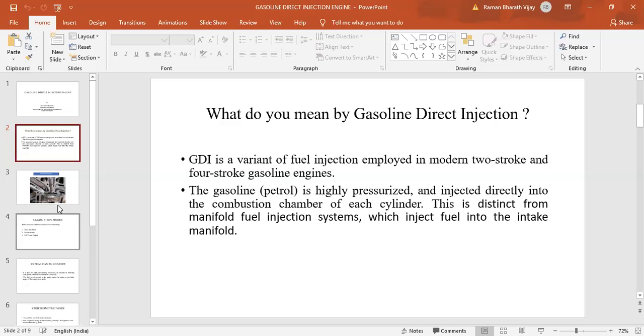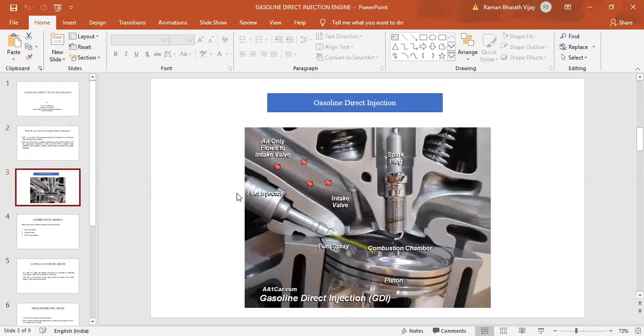This can be explained by a diagram here. This is a diagram explaining gasoline direct injection. Here you can see that the air is flowing through the intake valve. You have a separate division where the fuel injector is placed and fuel is sprayed to the combustion chamber. Whereas in a traditional manifold system, fuel is sprayed through the intake valve itself, so the air-fuel mixture arrives together.